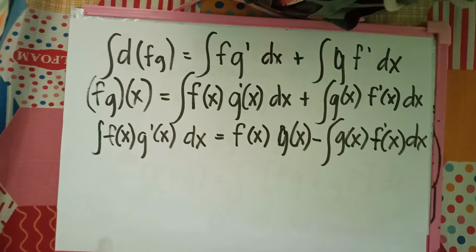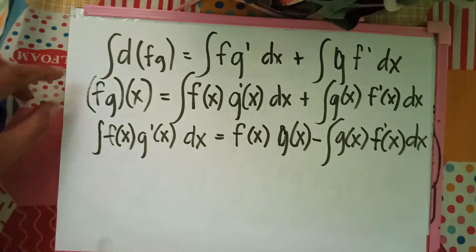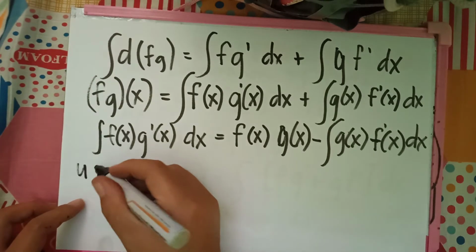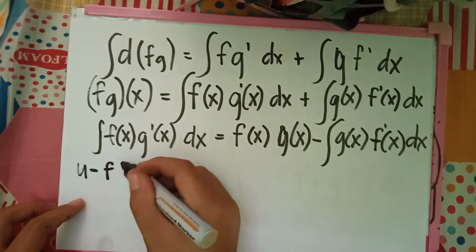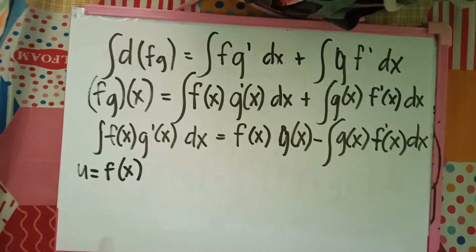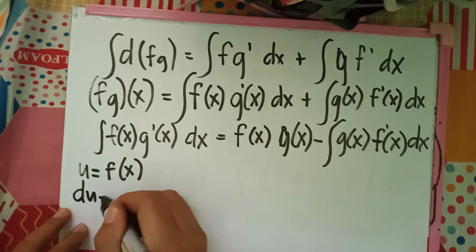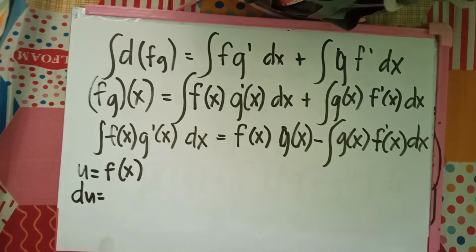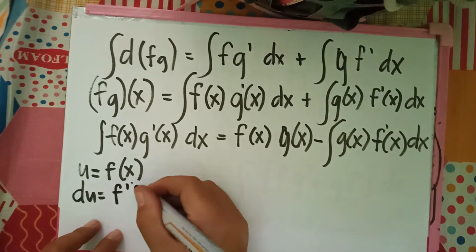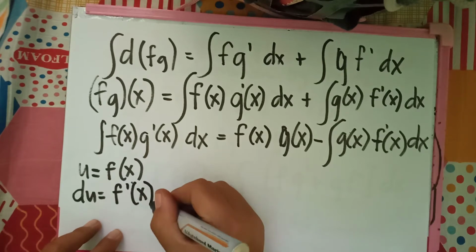So, we can also substitute. We can also let u be equal to f of x. Okay? We let u be equal to f of x. And your du will be equal to the derivative of f of x dx.